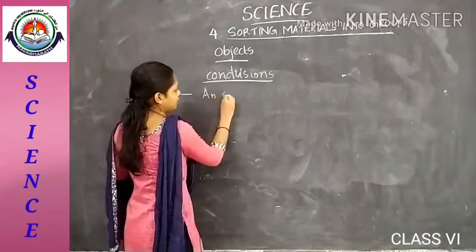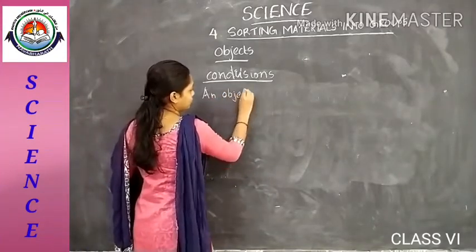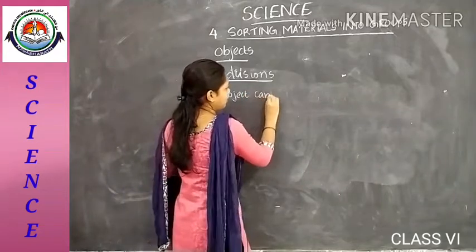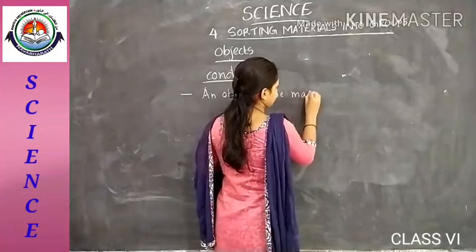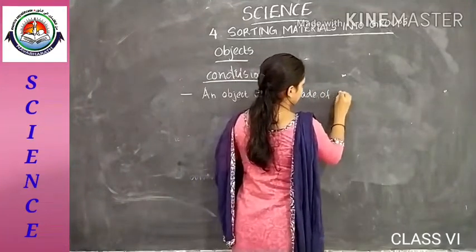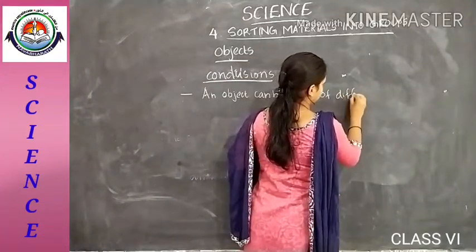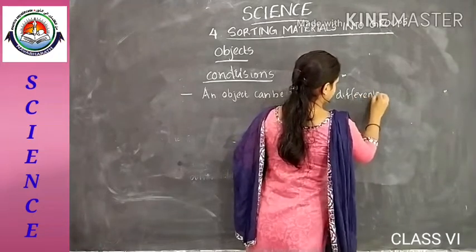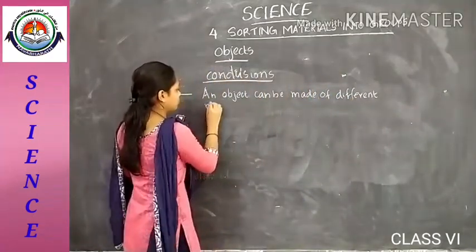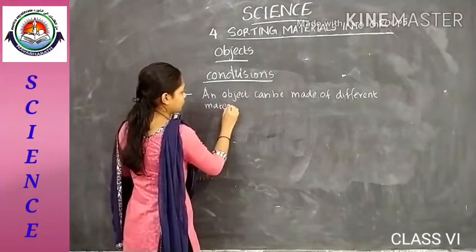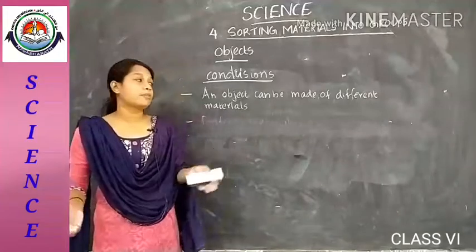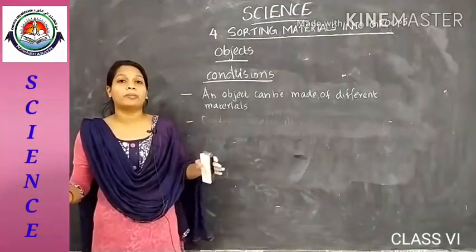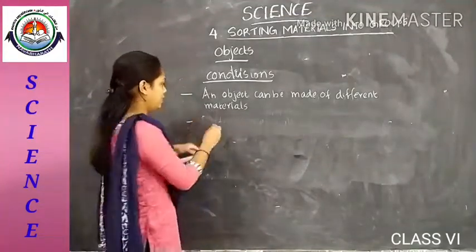An object can be made of different material. And different types of objects can be prepared from the same material.